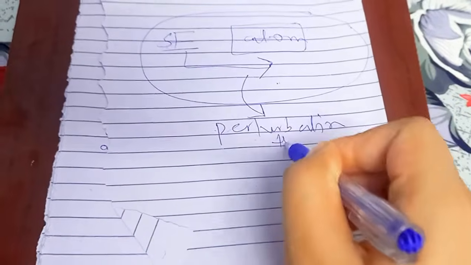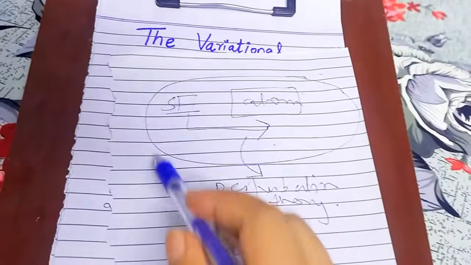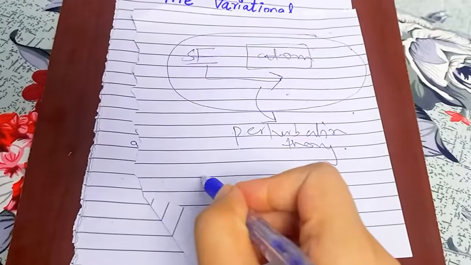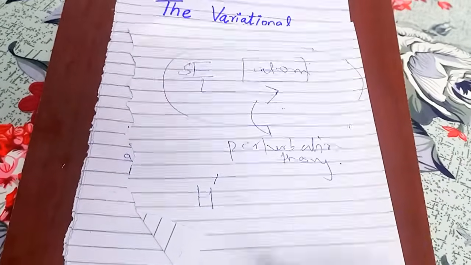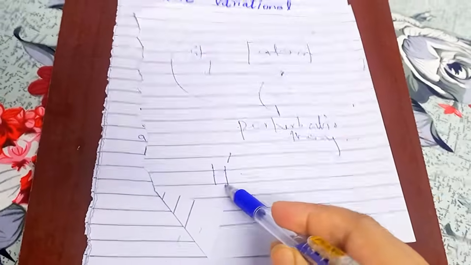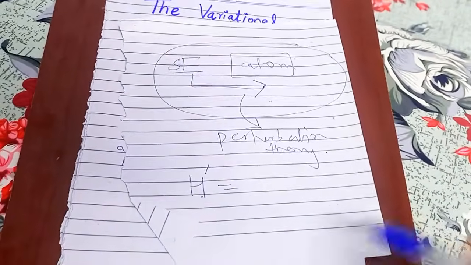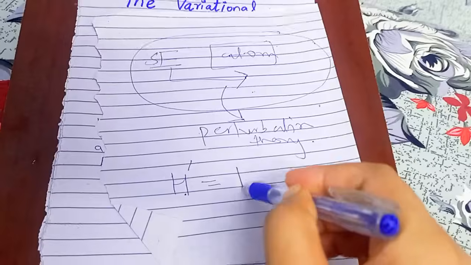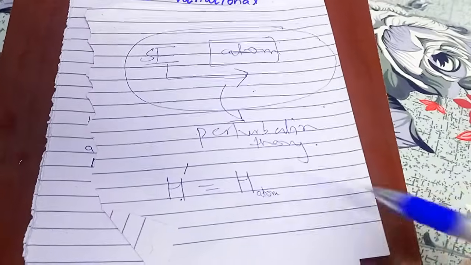What we'll do, we'll use perturbation theory. But what happens when we use perturbation theory? Now this is a different system, like let's say it has a Hamiltonian H prime. What we do in perturbation theory is that we relate that system's Hamiltonian to some other related Hamiltonian, like the Hamiltonian of the unperturbed hydrogen atom.